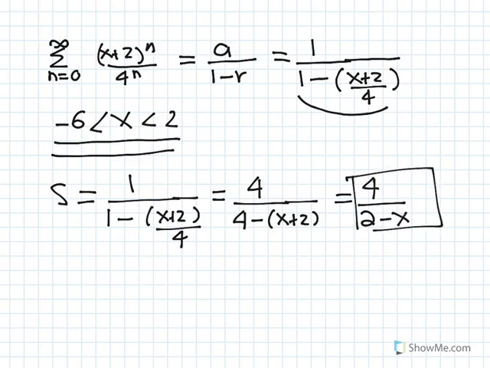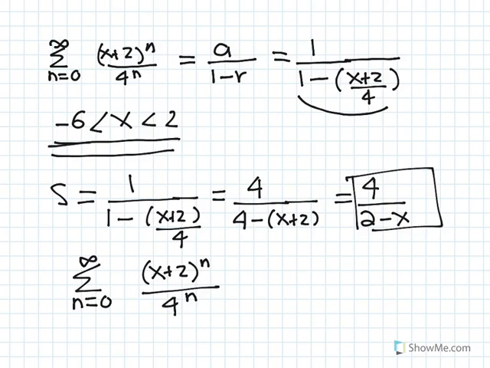This is the sum of the geometric series. So summation n equals 0 to infinity, (x plus 2) to the power of n divided by 4 to the n converges for x between minus 6 and 2, and its convergent sum is equal to 4 over 2 minus x.